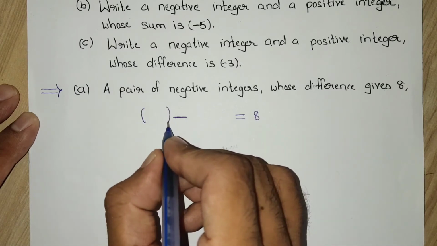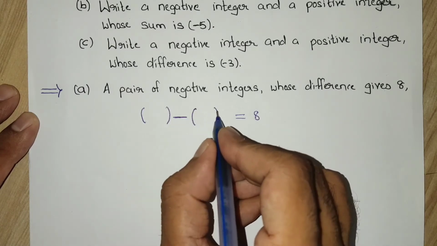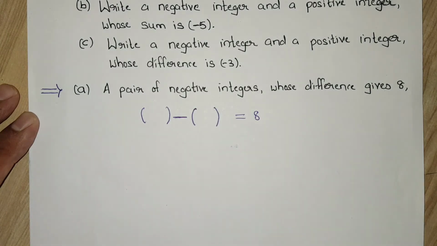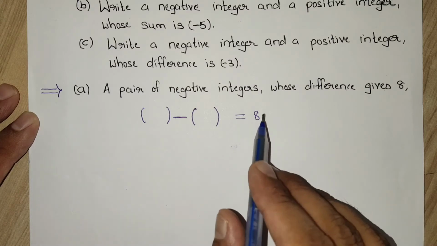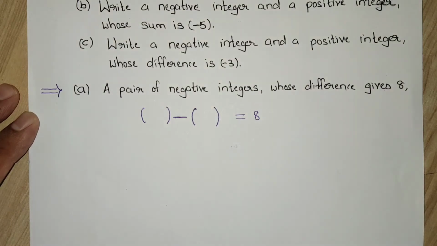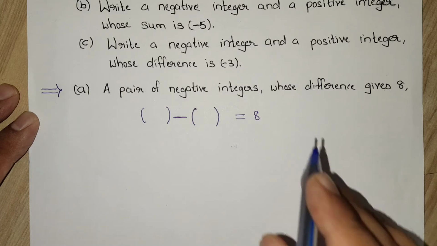Students, pay attention properly. Take two numbers such that if you subtract their numerical values, pay attention properly, I told numerical values, I get answer as 8. It can be any number, students. It is not any particular rule that you have to take one such number so that it will give 8 only.